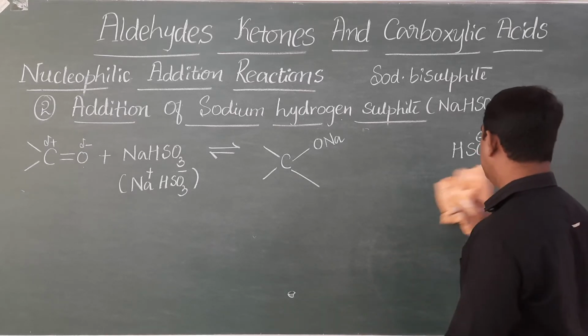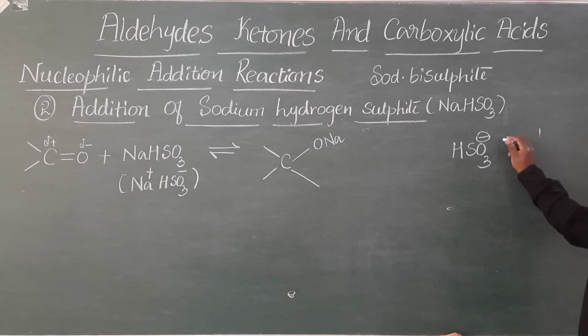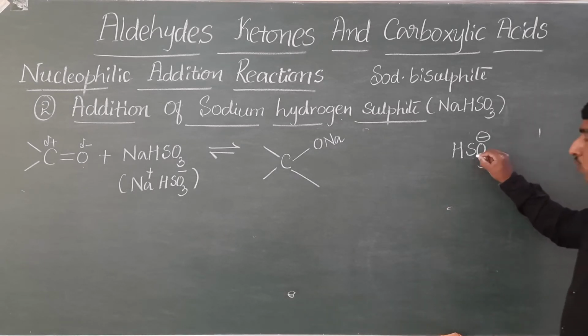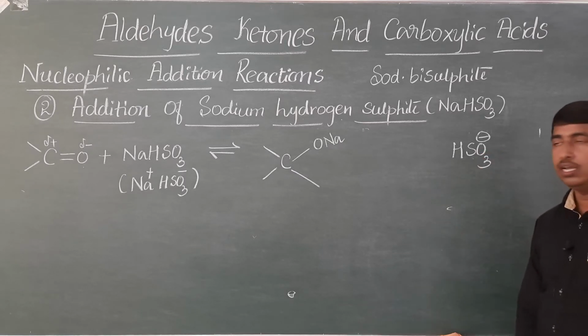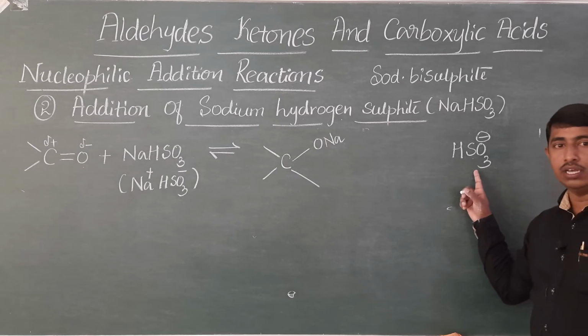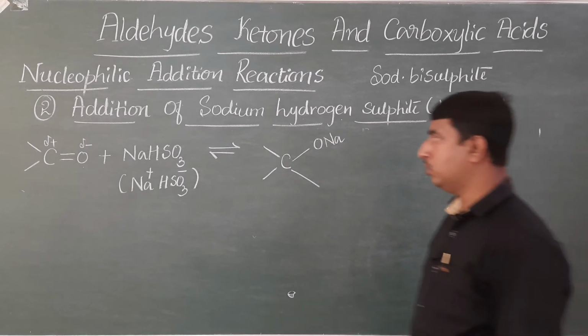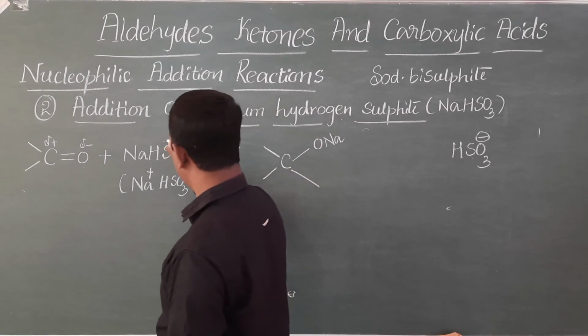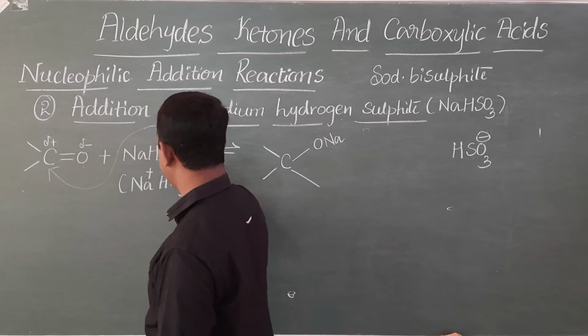So instead of nucleophilic attack taking place through oxygen, nucleophilic attack occurs through the sulfur atom. Sulfur contains a lone pair of electrons, so by using this lone pair, sulfur readily attacks the carbon atom.